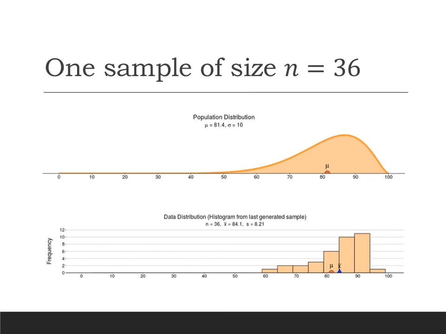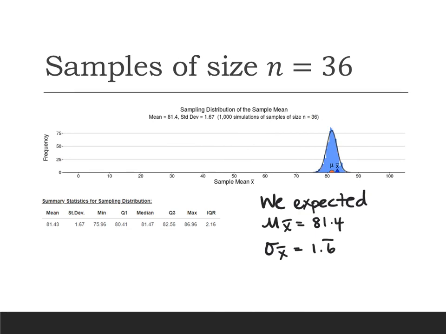But that sample mean, that 84.1, that's going to be one value in our sampling distribution. So we're taking all of those sample means. I know I keep repeating it, but we take all of those sample means and we turn that into a new distribution. So let's see what that looks like. And sure enough, once again, here we have the values we expected.